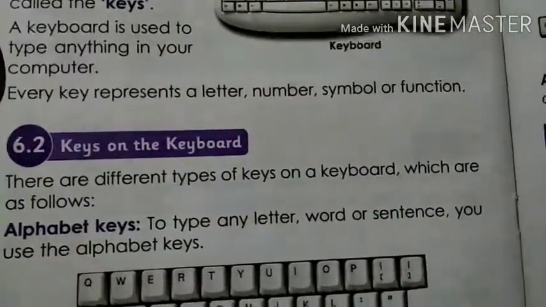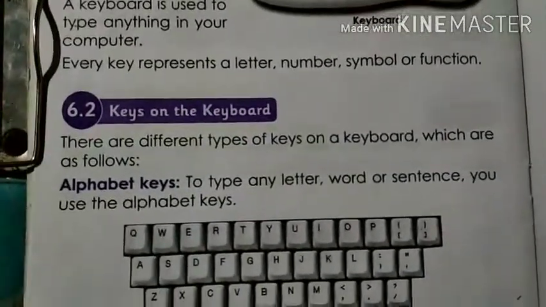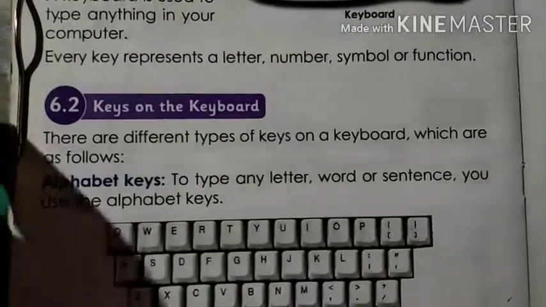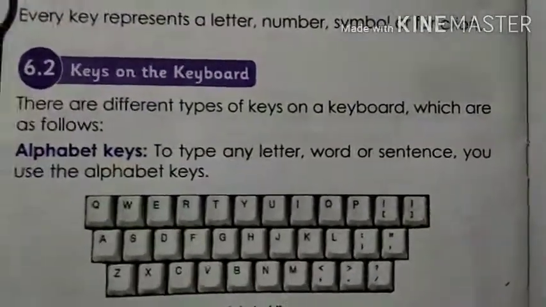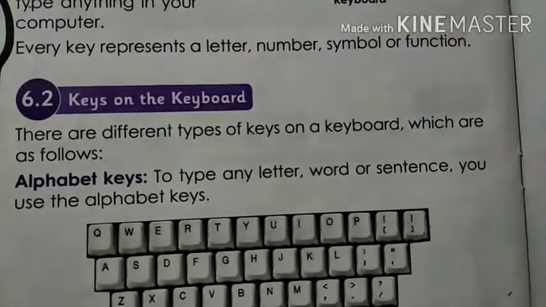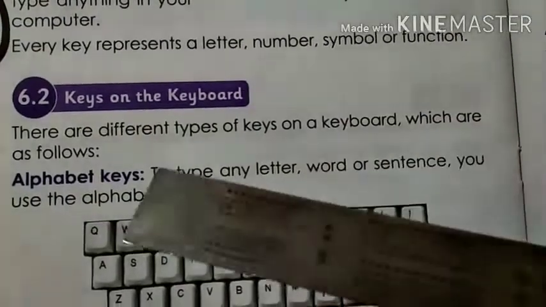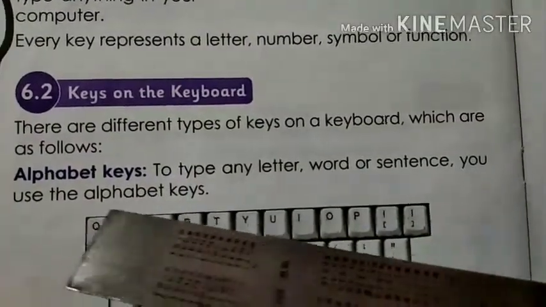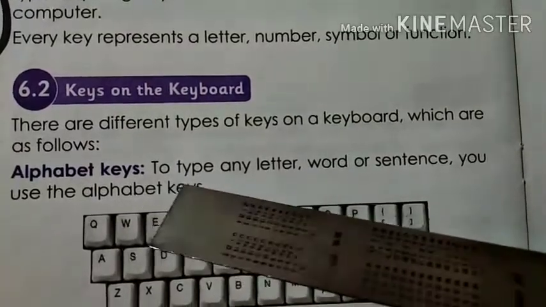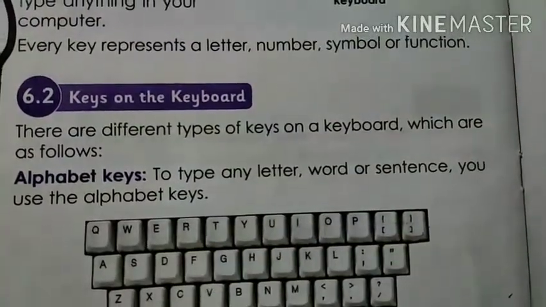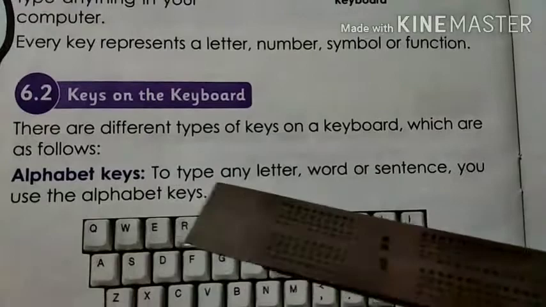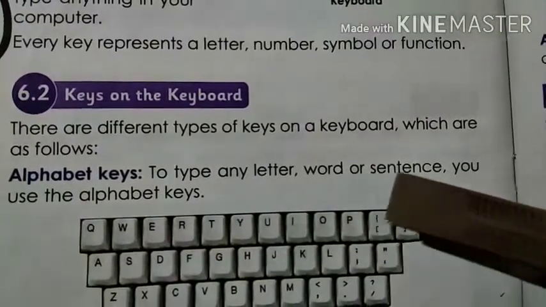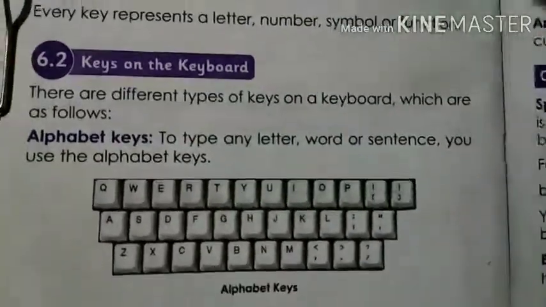Now we are going to learn the separate categories which are there on the keyboard in detail. There are different types of keys on the keyboard, which are as follows. First is alphabet keys. You all know A to Z are alphabets. To type any letter, word or sentence, you use the alphabet keys.